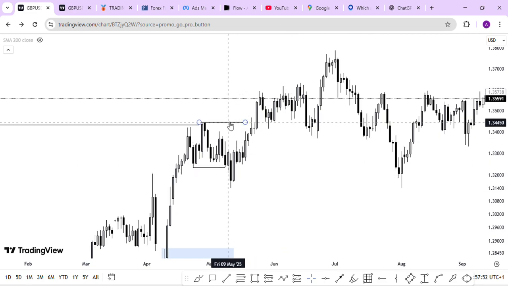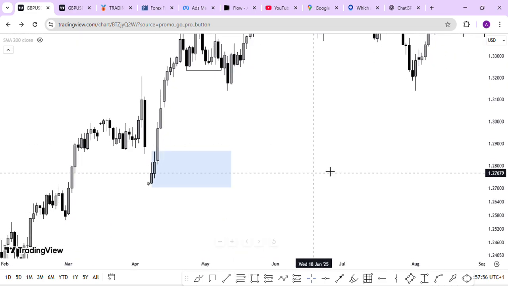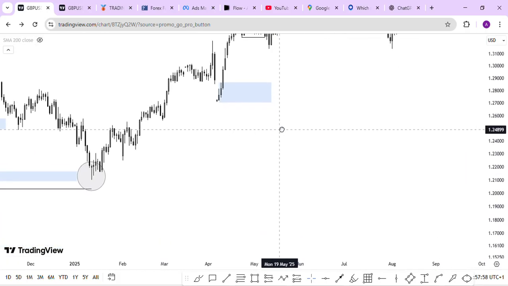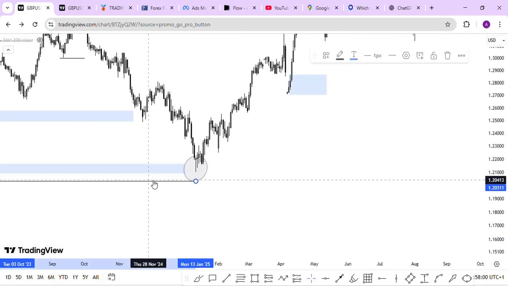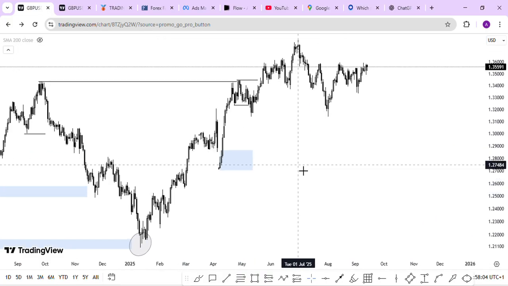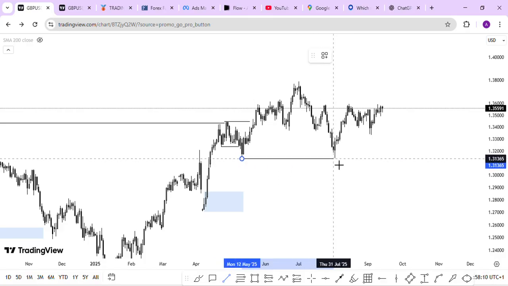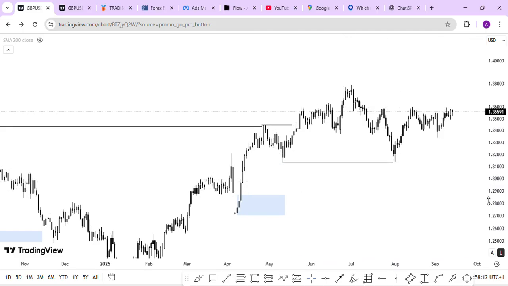You can see the market broke this level and we had a break of structure. It means that this low for now will be our new low, according to the plan.